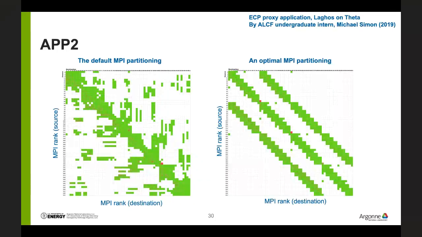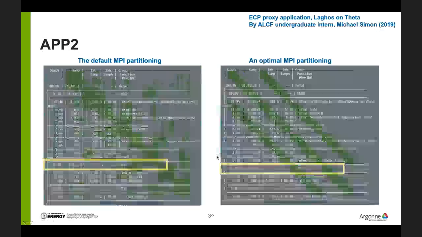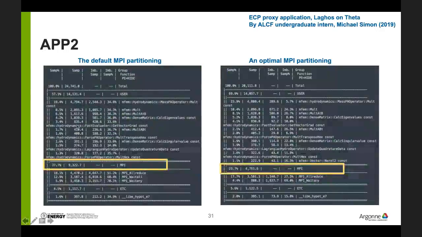And then he tried to find the optimal MPI partitioning for that specific number of nodes. On the right-hand side, you see the optimal MPI partitioning, and then he could get better performance. So this is the default MPI partitioning.